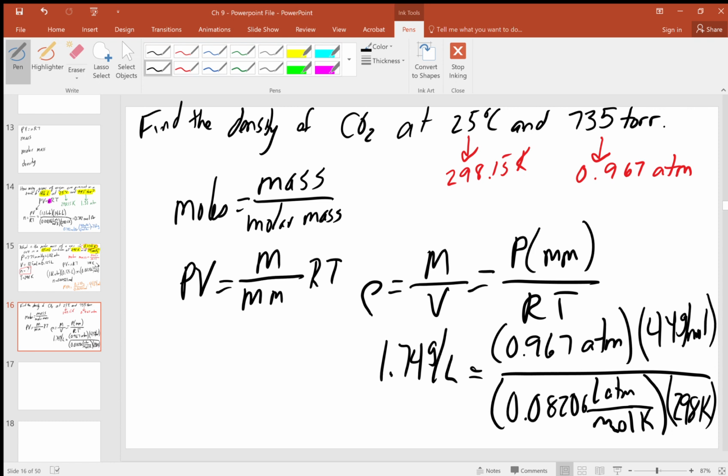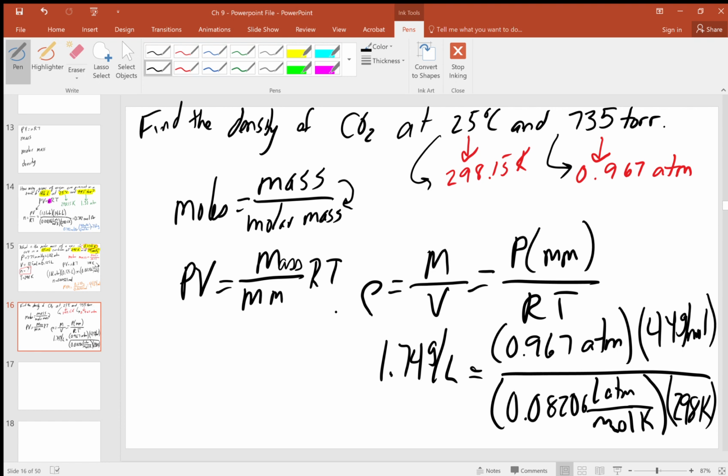So I may have accidentally had my mic muted there for a moment, so let me just go back through that. We converted our temperature to Kelvin, our pressure to atmospheres. Knowing that moles are equal to mass divided by molar mass, I substituted that into moles in our ideal gas law. So this is mass and the bottom is molar mass.